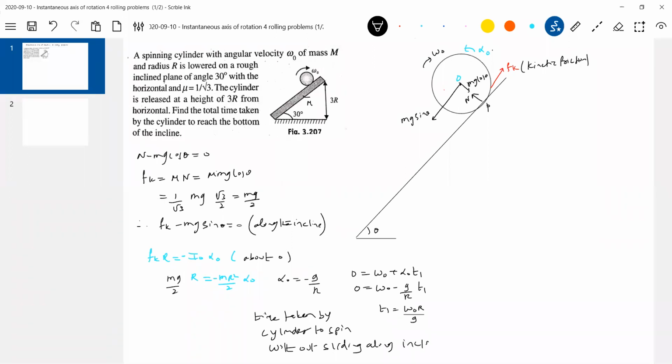I think this comment is very important. Now, once after this time, this is t equals 0. So what will happen to this particular?